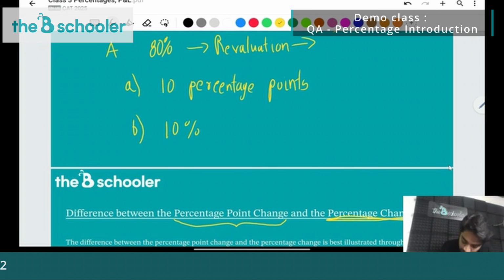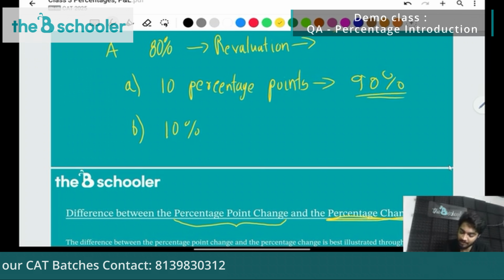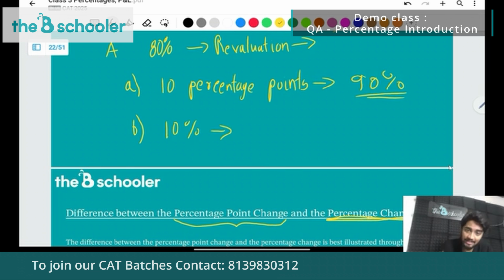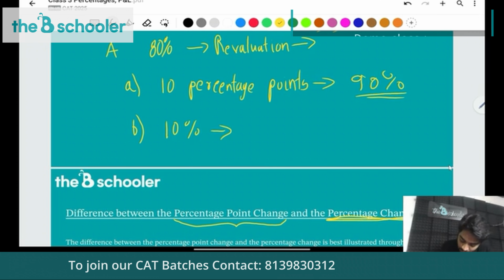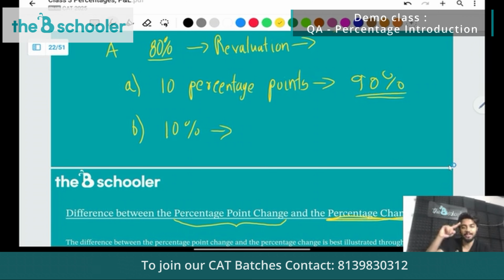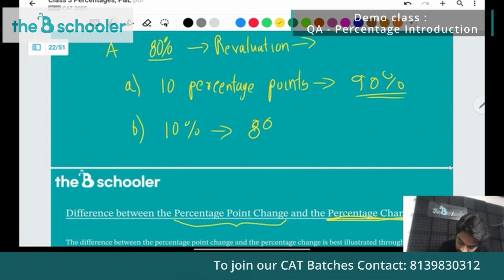When you say percentage point increase, we will say that this 80 percent became 90 percent. 10 points more from 80. Okay, this is 90 percent. But when we say his percentage increased by 10 percent, what we mean is 80 percent plus 10% more of it. That means it is going to be 88 percent.